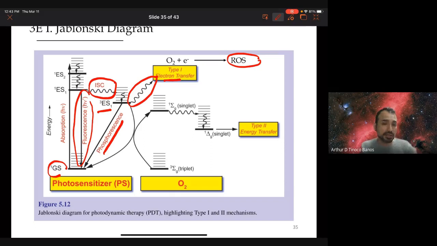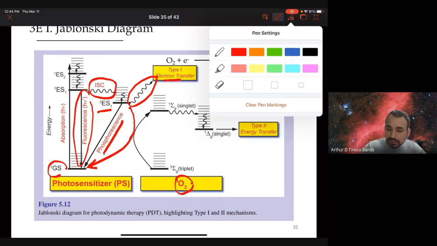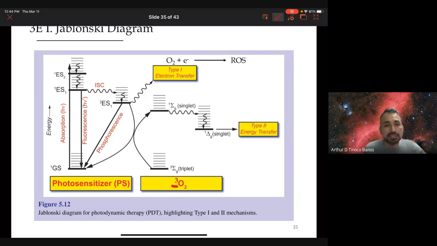But another thing that can occur is that energy from the triplet state going down to the ground state can interact with oxygen itself, okay? And then that interaction can lead to a transformation of the oxygen. Well, oxygen, let me clean this up for clarity, oxygen is in a triplet state.